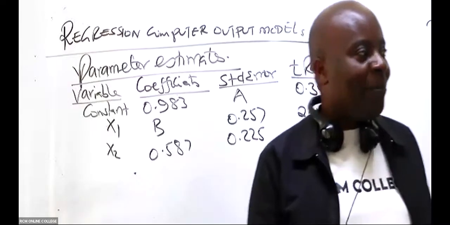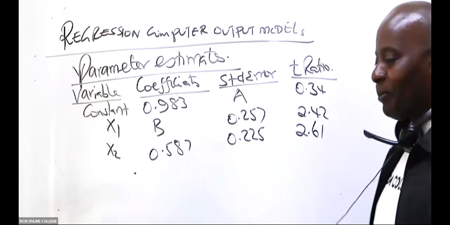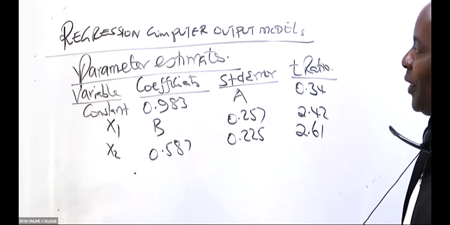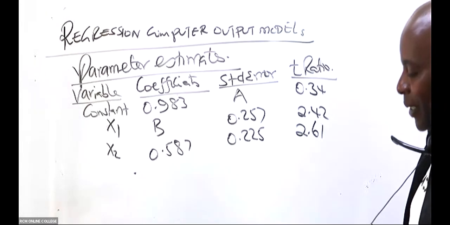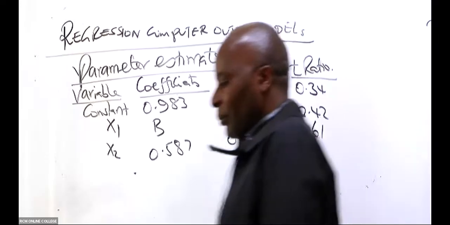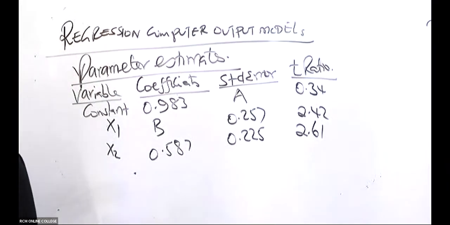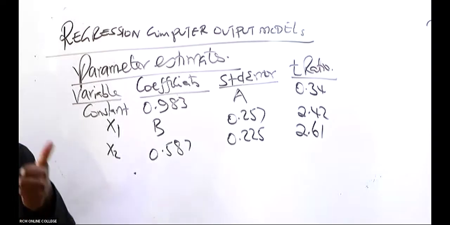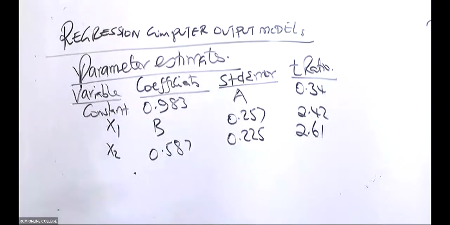The more you repeat them, the more you become proficient in them. So this is what we call parameter estimates. Once you finish copying this table of parameter estimates, can you put your thumbs up like this? Are we okay? All right.